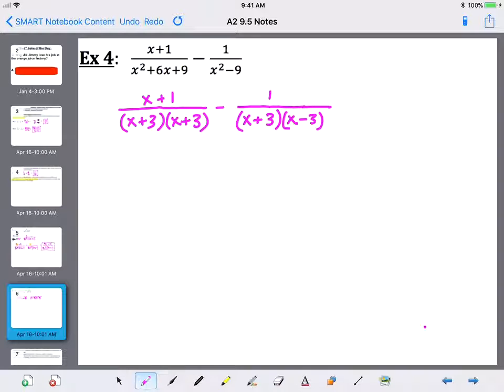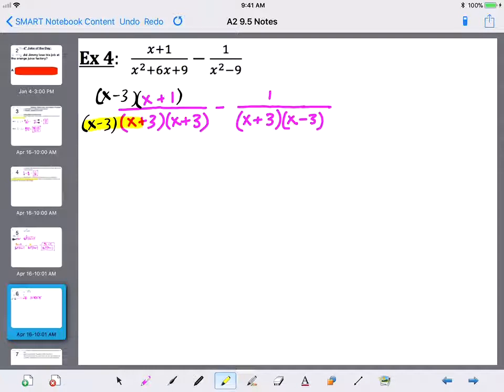All right, so now I want to see what each denominator needs to have multiplied by it to get a common denominator. So if I look at this denominator here, I notice that I have x plus 3 and x plus 3, but this one has an x minus 3 in it. So to get a common denominator, I'm going to have to multiply this fraction, the top and bottom, by x minus 3. Okay, so now I've got the x minus 3 involved over there.